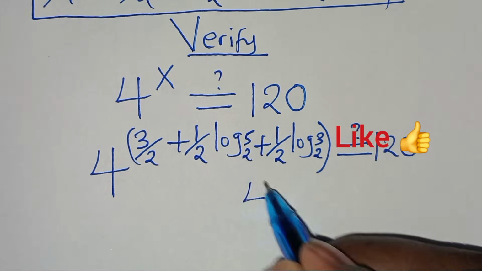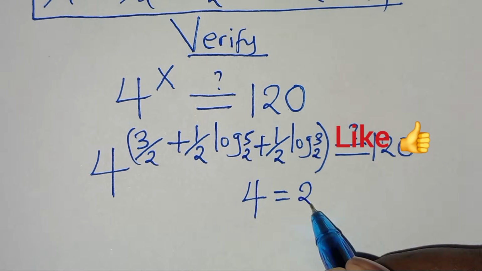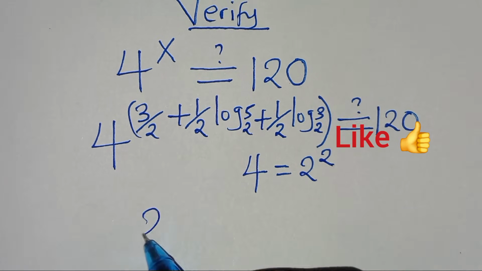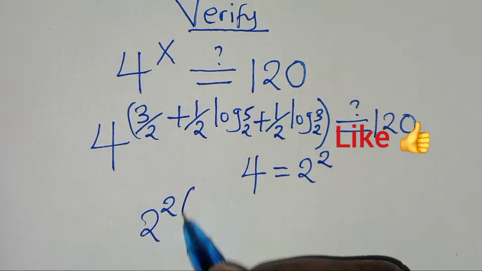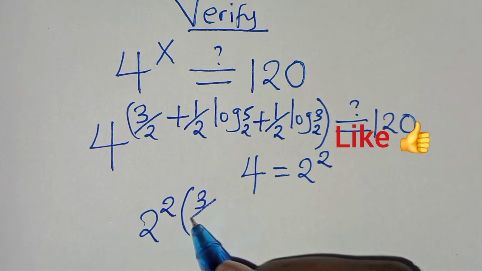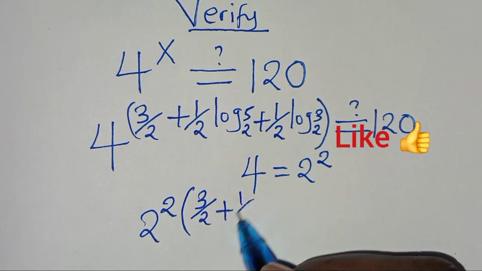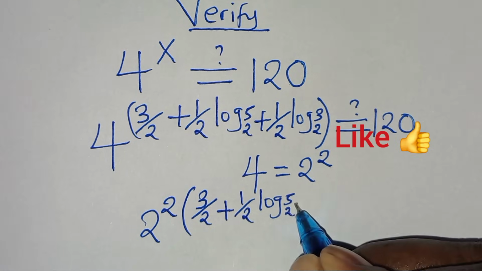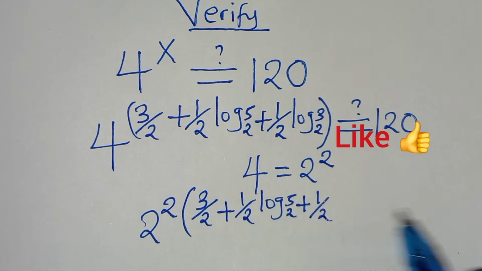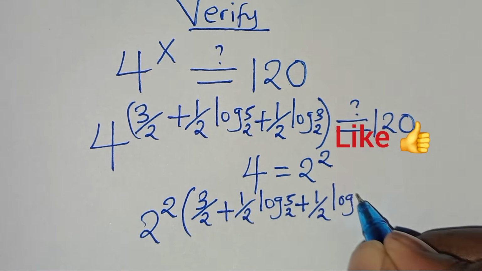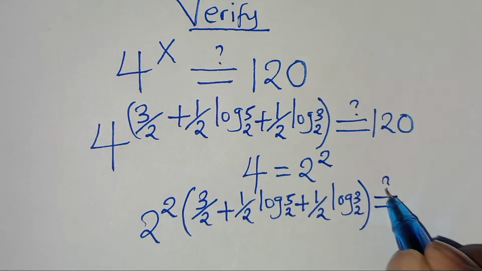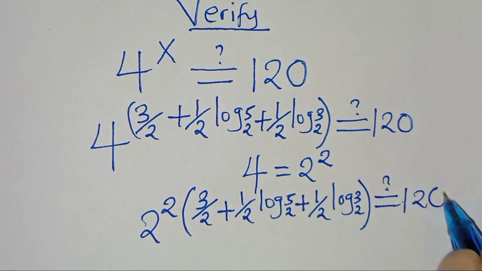We can express 4 as 2 to the power of 2. So we have 2 to the power of 2 into the parentheses, 3 over 2 plus a half log 5 to base 2 plus a half log 3 to base 2, close the parentheses. This should give us a value of 120.